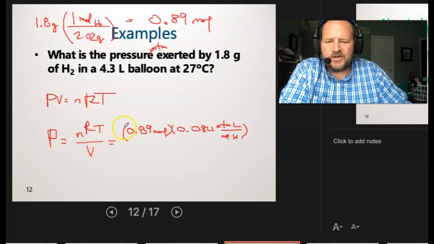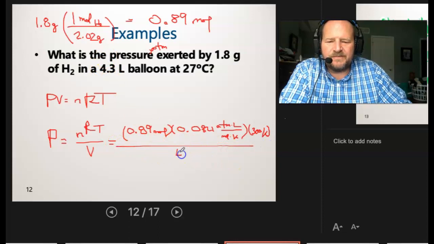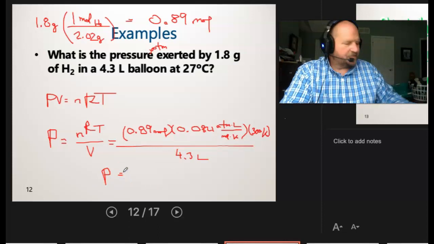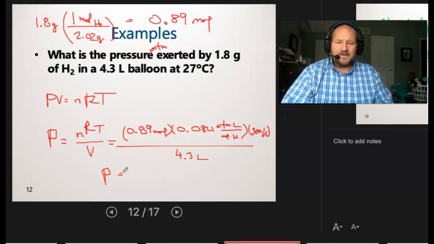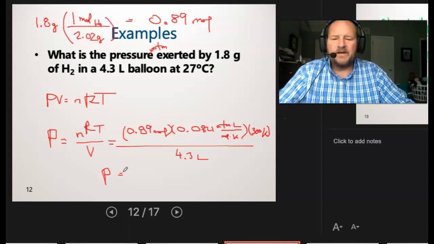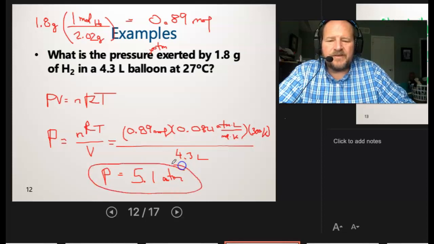And we need that Kelvin temperature again. 27 plus 273 is going to give me an even 300. And finally, we're going to divide that by the volume, which we're told is 4.3 liters. And so pressure then in atmospheres will be 0.89 times 0.0821 times 300 divided by 4.3 gives us 5.1 atmospheres. And hopefully we did everything right there.